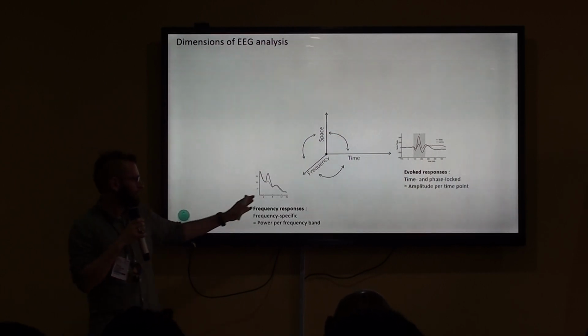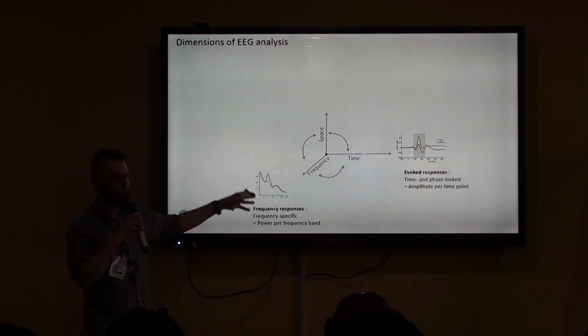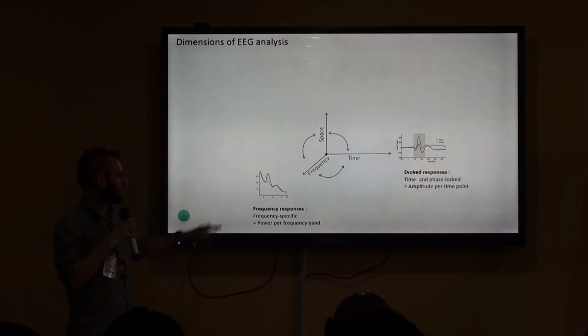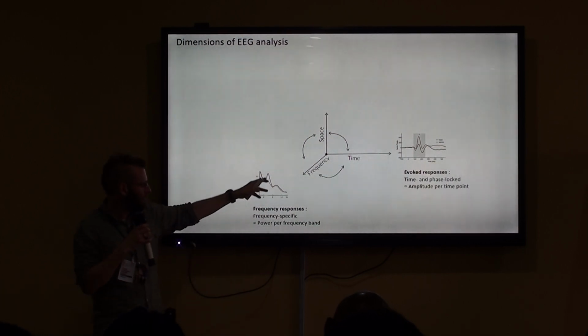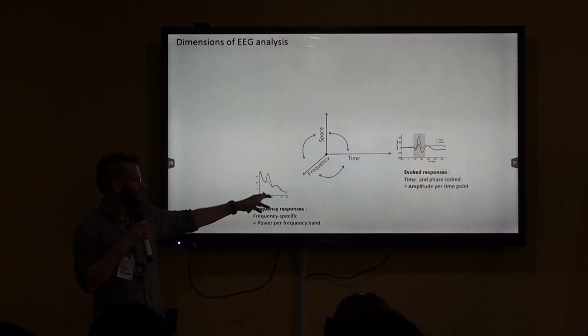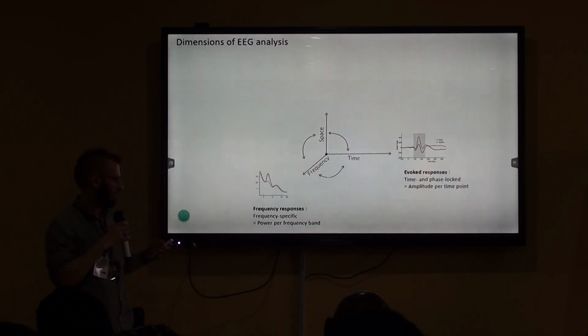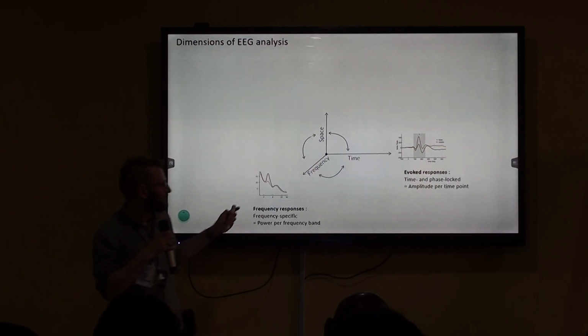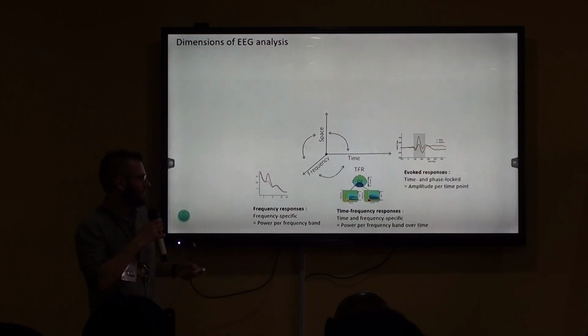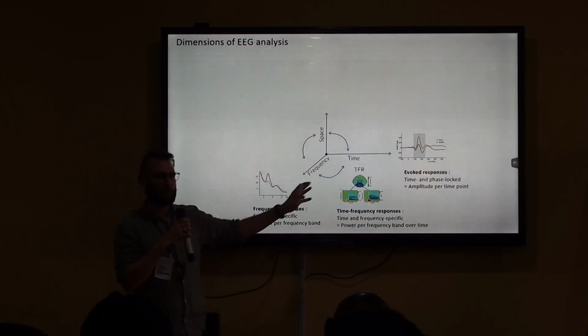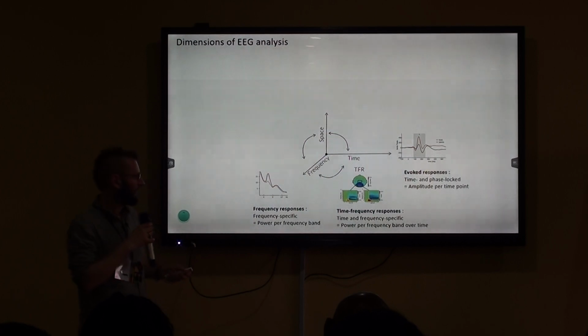For frequency, we could look at specific frequencies expressed in hertz, usually seen as a power spectrum like that. So here, a delta wave would be quite prominent. But we could also combine these, so it's like a three-dimensional system, and look at how frequencies change over time. That is what we call time-frequency responses.